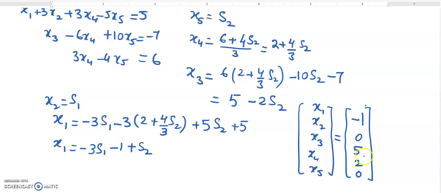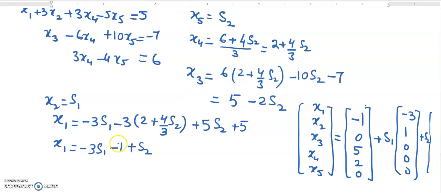We want to represent it in the vector form, plus s1. For s1, it is only in the first and second components: in the first it was minus 3, and in the second it was 1, and then 0, 0, 0. I have left very small space over here. Plus s2.